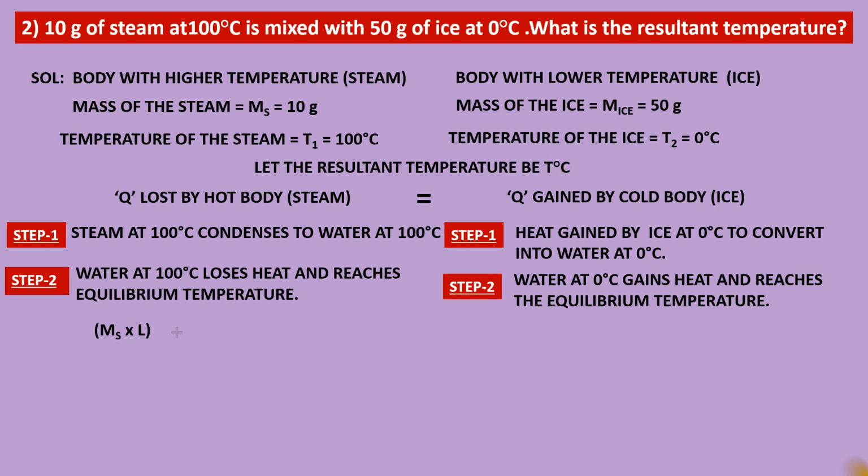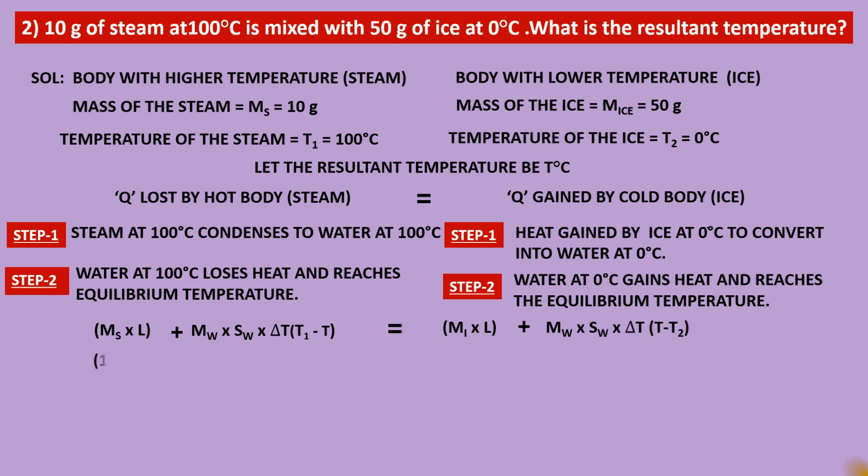In step 2, as there is a change in temperature, we use the formula m s delta T. For ice, in step 1, as there is a change in state, we use the formula mL. For step 2, as there is a change in temperature, we use the formula m s delta T.